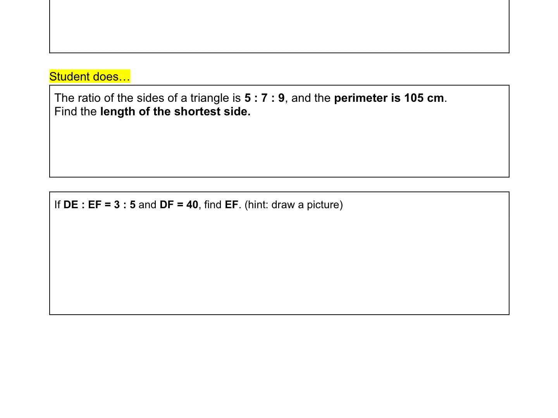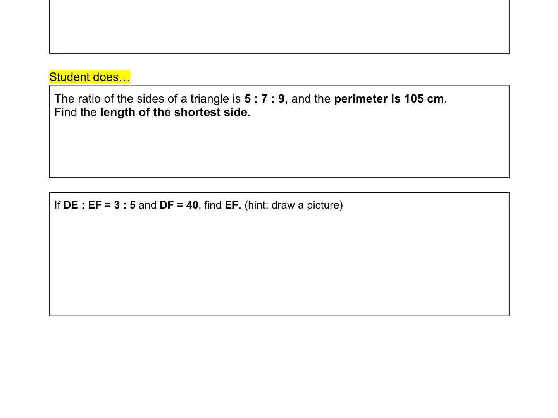We're not going to do the next one. You're going to do these two questions, though, but I'm going to get you started. The first one: the ratio of the sides of a triangle is 5 to 7 to 9, and the perimeter is 105. Find the length of the shortest side.